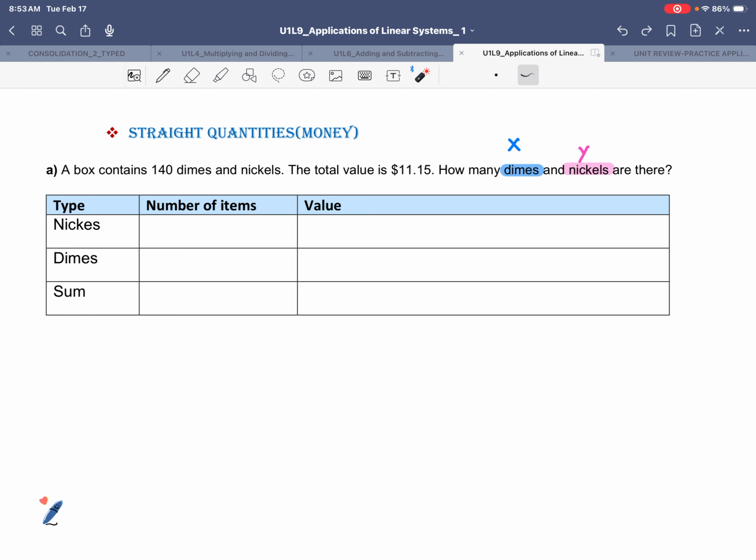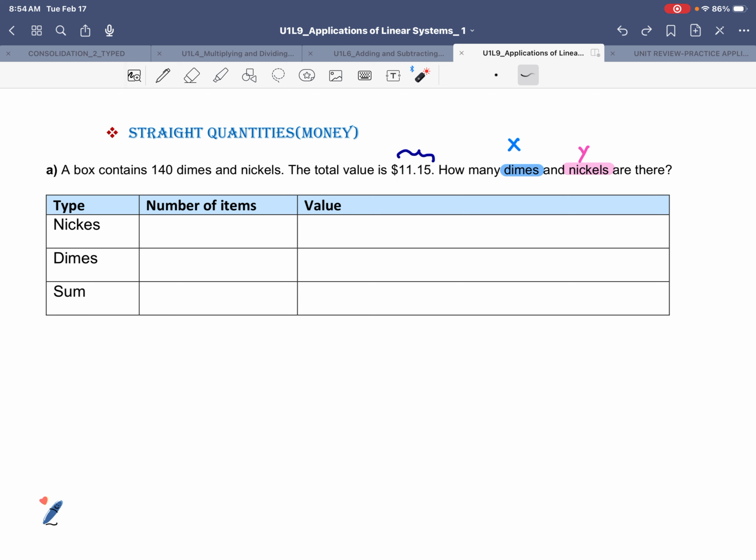Now we're going to read the problem one more time with the purpose of understanding how to connect the numbers with our variables. So a box contains 140 dimes and nickels. So the total number of coins x and y would be 140, and the total value is 11.15. Now, as you can see, this is kind of mixed because it's expressed in dollars and cents.